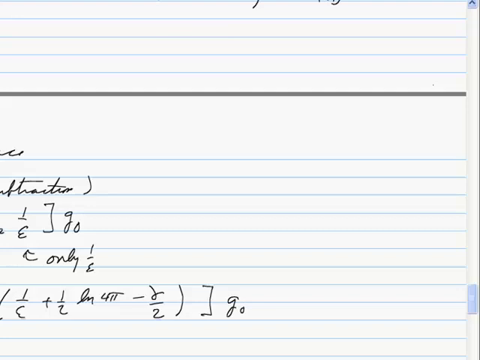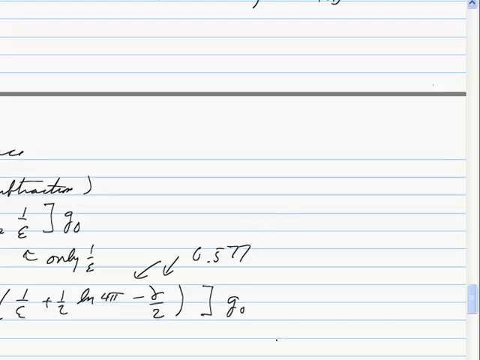Okay, so in MS bar, one carries along these extra factors, log 4 pi and gamma over 2, that always come along in a calculation. Gamma is this Euler constant.